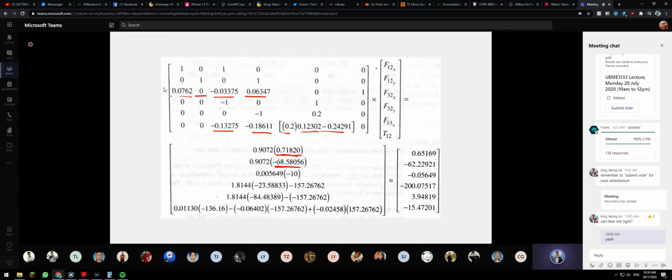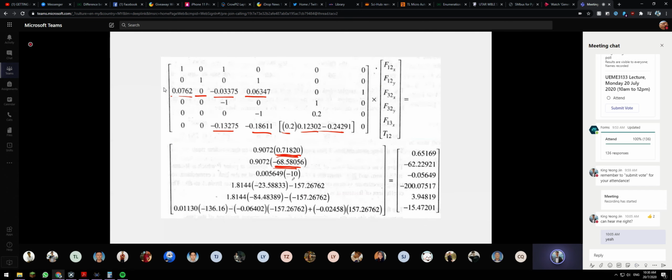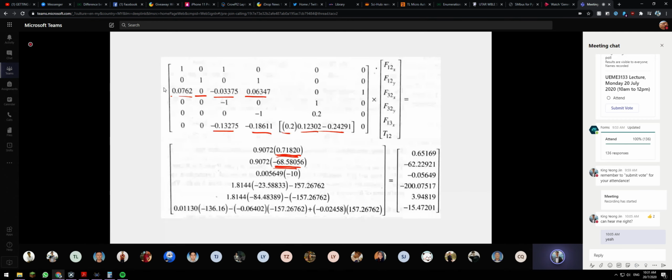So this is AG2X, AG2Y, and this should be alpha 2.